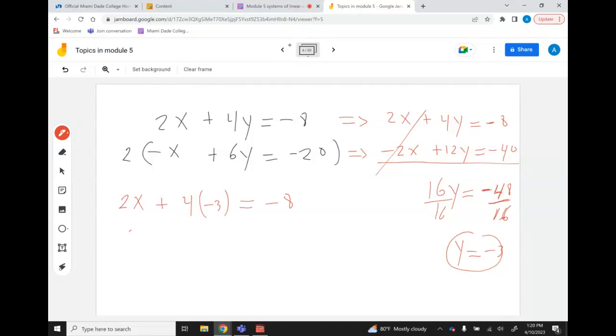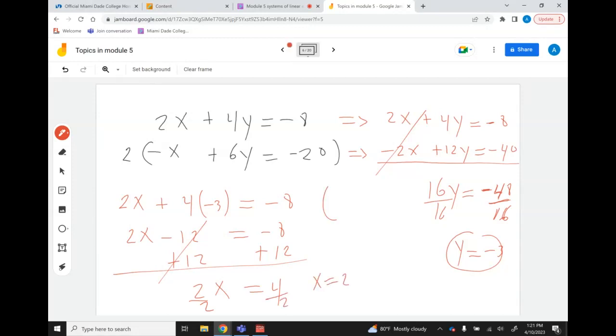And then this will be 2x minus 12 equals negative 8. Add the 12 to both sides. That gives you 4. Okay, and divide by 2, and you get x equals 2.